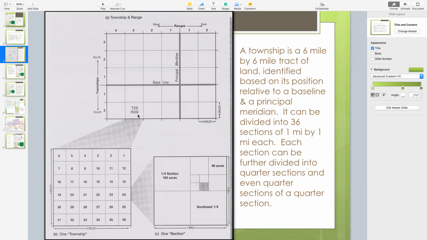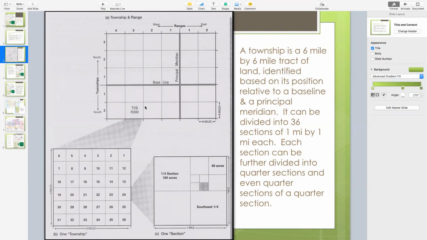Again, our township here is a block of 6-mile by 6-mile tract of land, identified by its position relative to the baseline and relative to the principal meridian. So here we have our township 2 south, range 3 west.